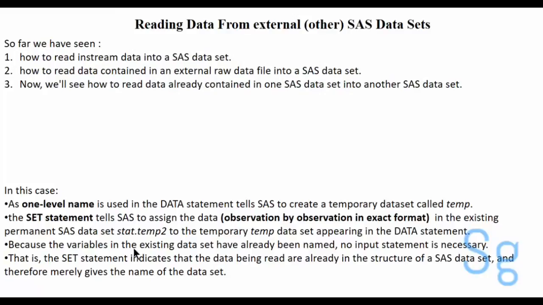Because the variables in the existing dataset have already been named, no input statement is necessary. That is, the set statement indicates that the data being read are already in the structure of a SAS dataset, and therefore merely gives the name of the dataset.